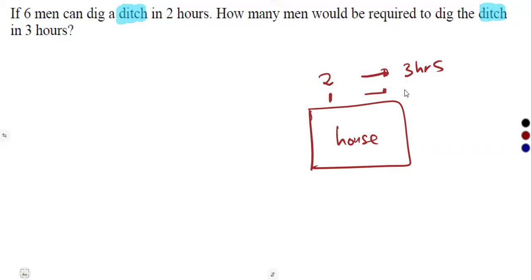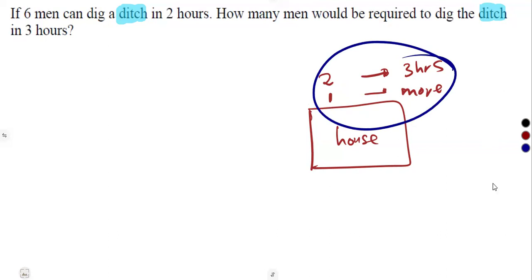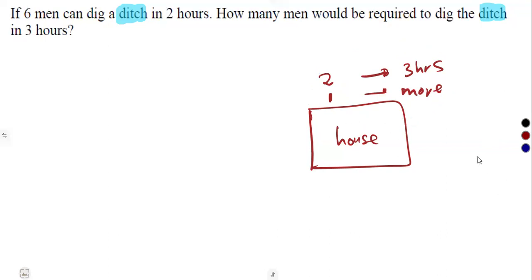This person is going to cover more hours than this, which is the opposite to what we know. 2 is covering less. Whatever you're going to have for 1 is going to be more than 3 hours. A smaller number is covering more. That's an inverse. This is the condition of a rate.